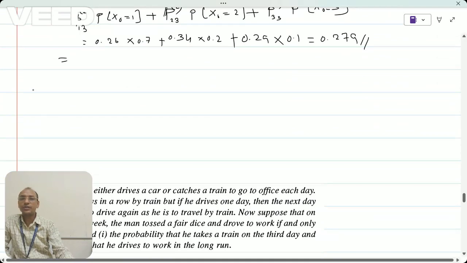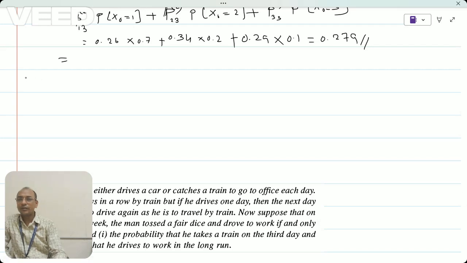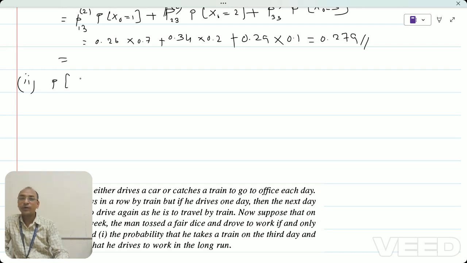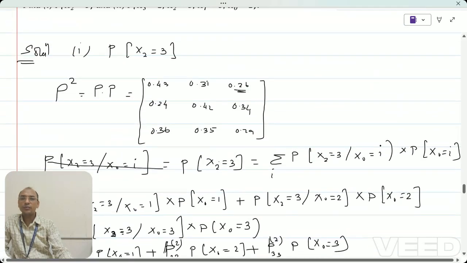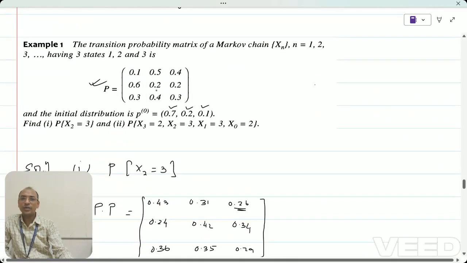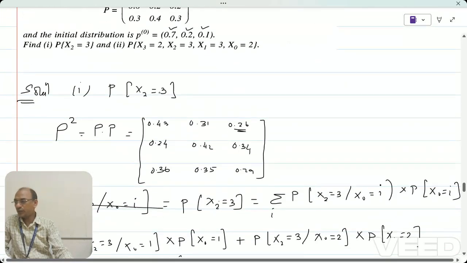And for the second question, we can do it like this. In order to solve the second question, first we will find the probability of X1 equal to 3 given X0 equal to 2, and that will be nothing but P23. In the initial TPM, P23 is 0.2.